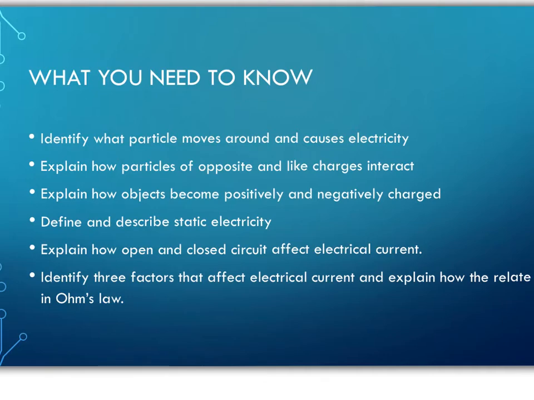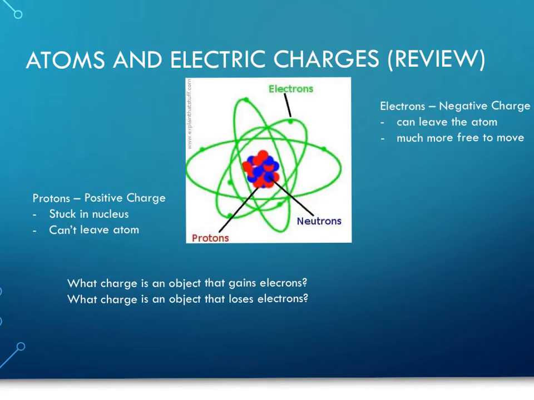We're going to talk about static electricity, and then we're also going to talk about electrical current. And last but not least, we'll end these video notes talking about 3 factors that affect electrical current and something called Ohm's law, which is a really important law when it comes to electricity. Well, let's get rolling. Alright, so let's just start with a quick review of atoms and their structure.